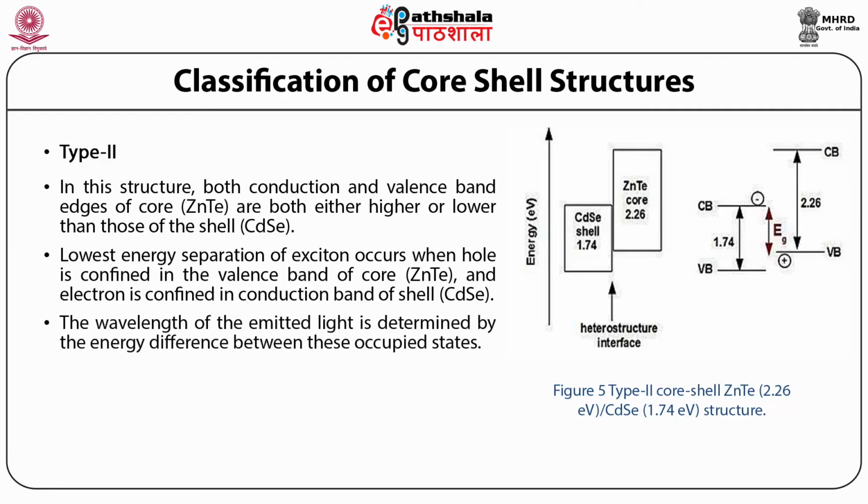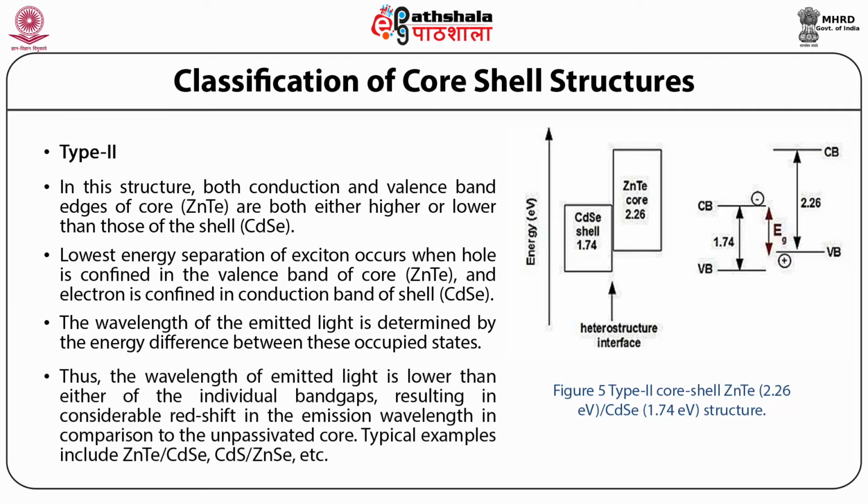The wavelength of emitted light is determined by the energy difference between these occupied states, which is indicated by the red arrow in figure 5. Thus, the wavelength of emitted light is lower than either of the individual band gaps.